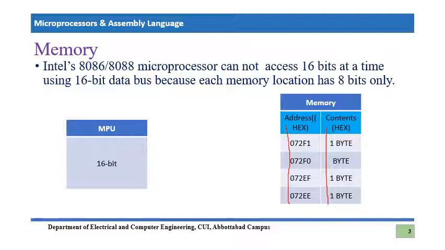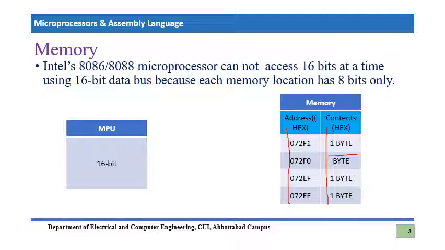Of course, it will be only 1 byte of information. So if the processor is trying to access only a single location, only 1 byte of information will come. Will it be useful for a 16-bit processor? No, definitely not.